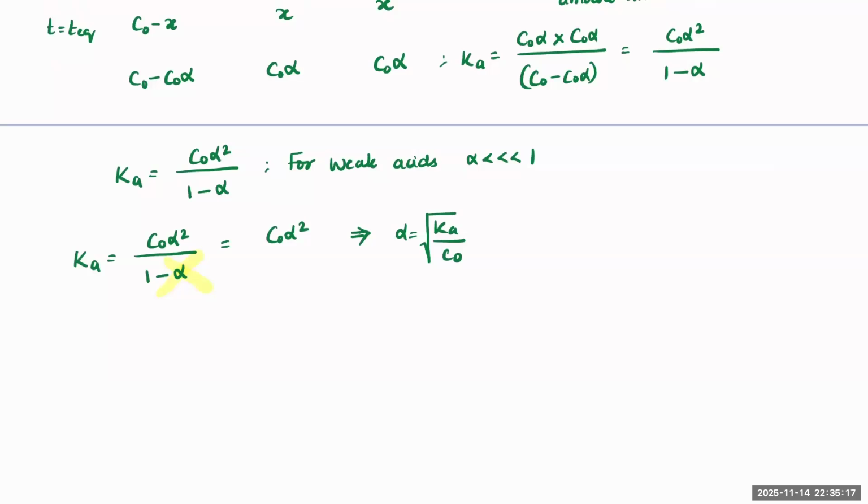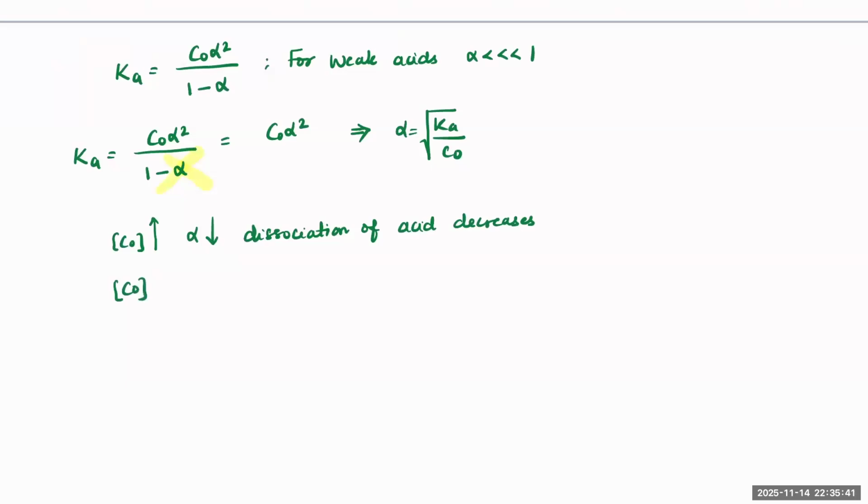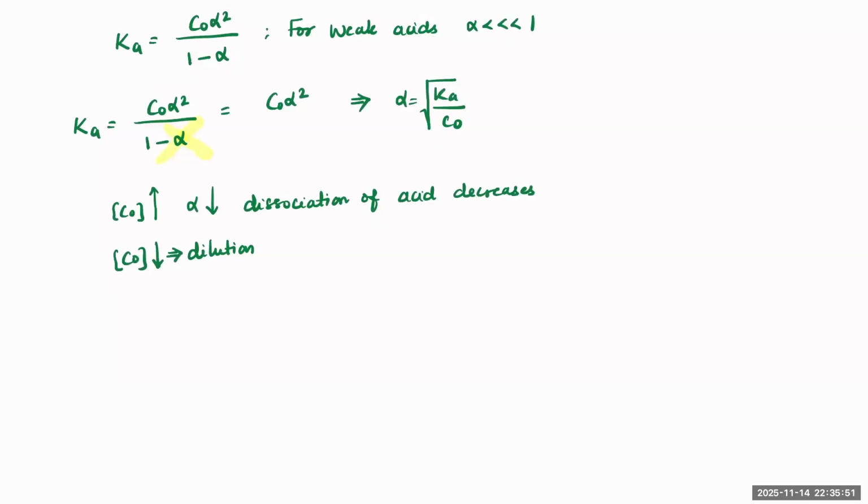Now read this properly. If the C naught concentration increases, the alpha value decreases, which means dissociation of acid decreases. But if you decrease the concentration C naught, which means you are doing dilution, that means whenever you dilute something you are decreasing the concentration.